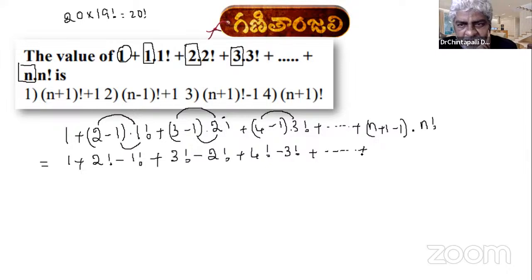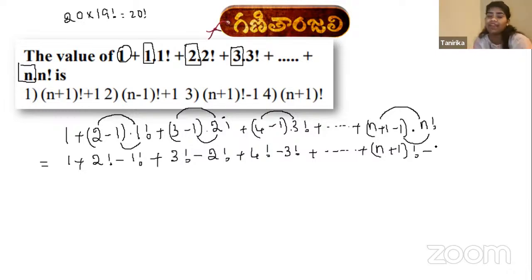So, n plus 1 times n factorial. 20 times 19 factorial is equal to 20 factorial. So n plus 1 times n factorial is n plus 1 factorial, minus n factorial. That's good, right?